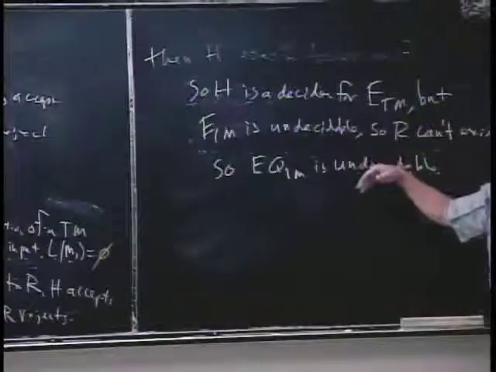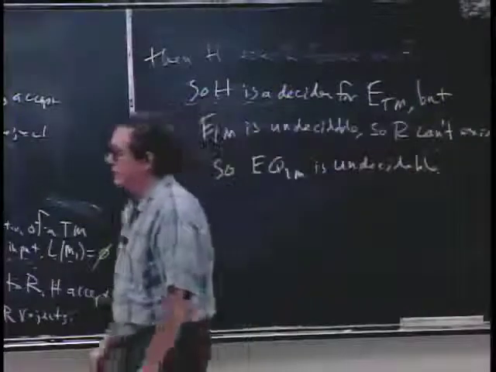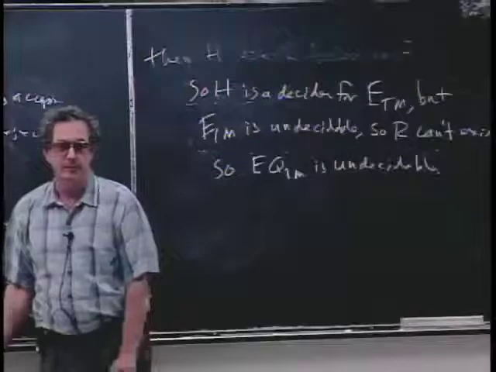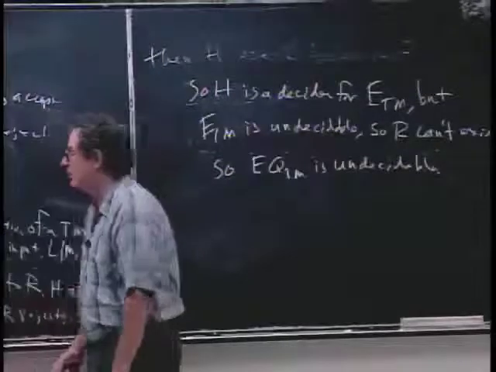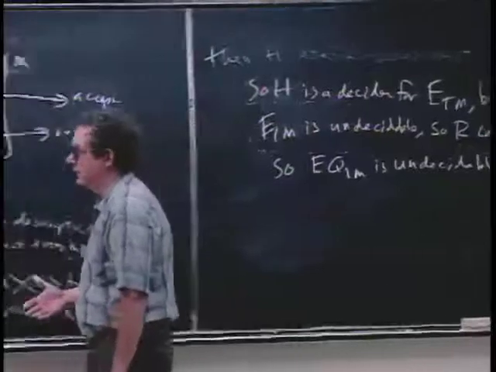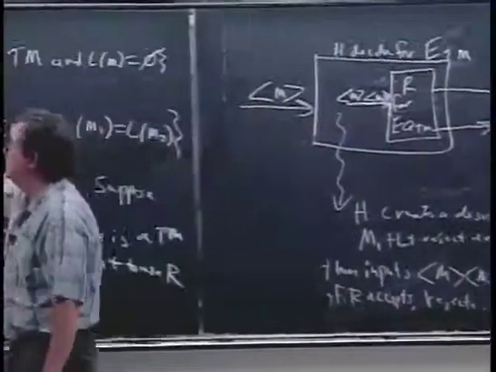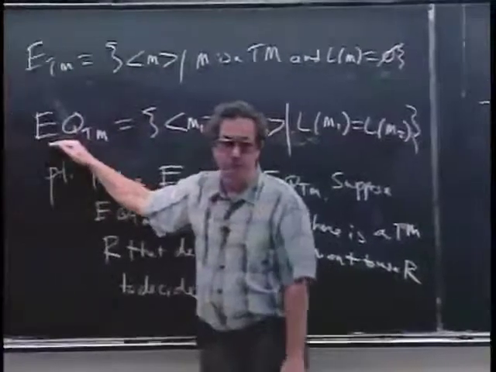So this is the kind of question I might ask on that mini midterm, which is a closed book exam. I could just say, show me the details of reducing ETM to EQTM.